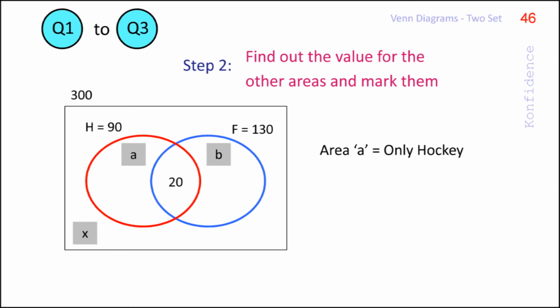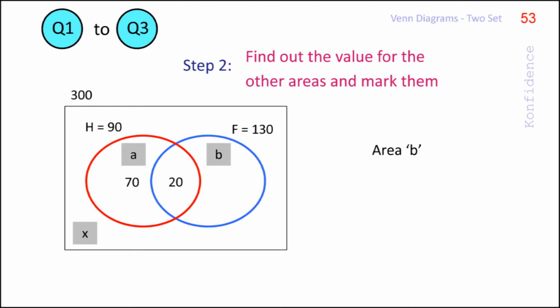This 90 includes students who play only hockey, that is A in the diagram, and the 20 students who play both hockey and football. So, A plus 20 equals 90. From this, we can find the value of A as 90 minus 20 equals 70. So, the number of students who play only hockey equals 70.